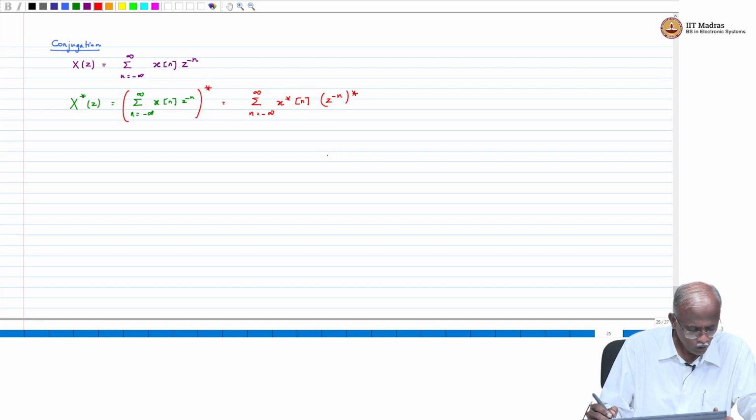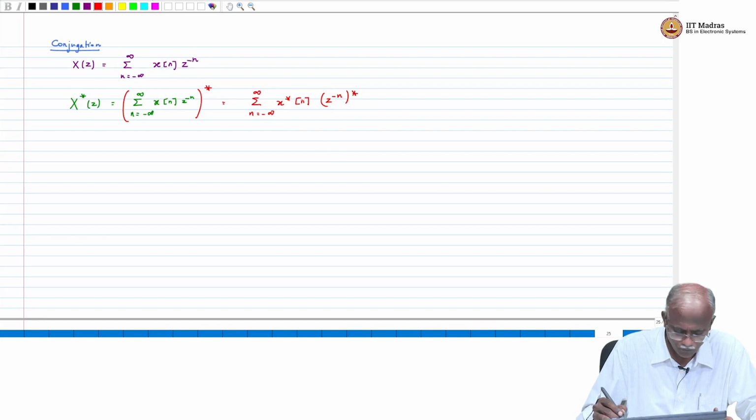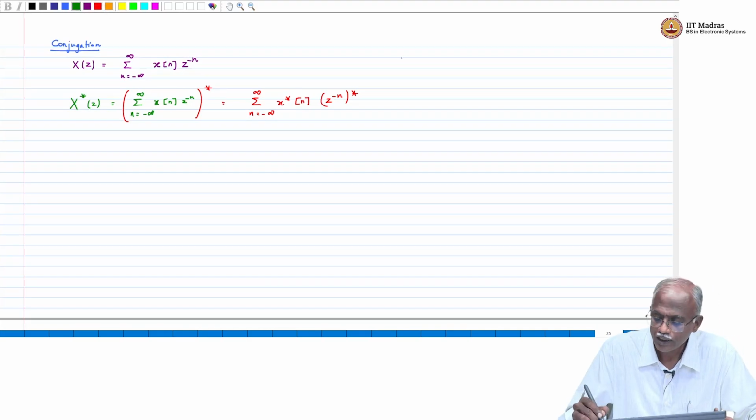Very, very important is how we go ahead and simplify this. A few things to note. Z power minus n conjugate is the same as z conjugate raised to the power minus n.